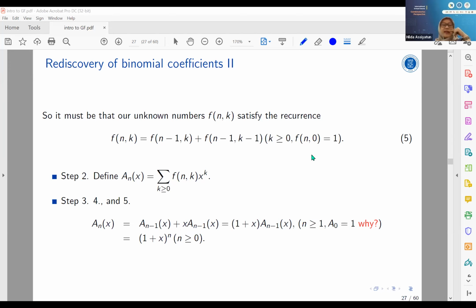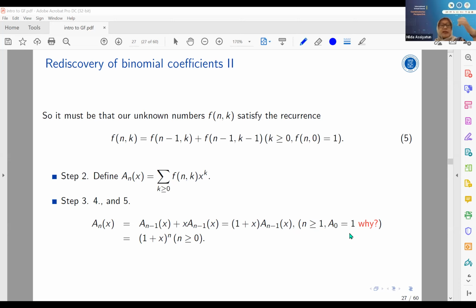So from here we have that a n x equals 1 plus x a n-1 x, and this starts from n equals 1 with a0 equal to 1. Is it right?